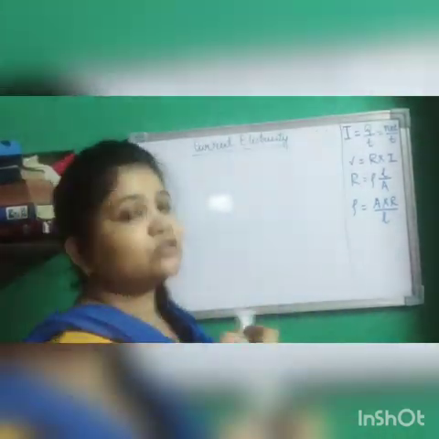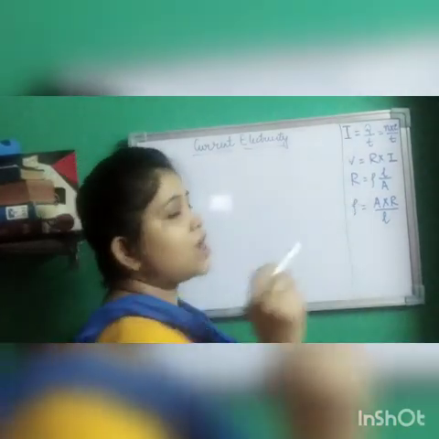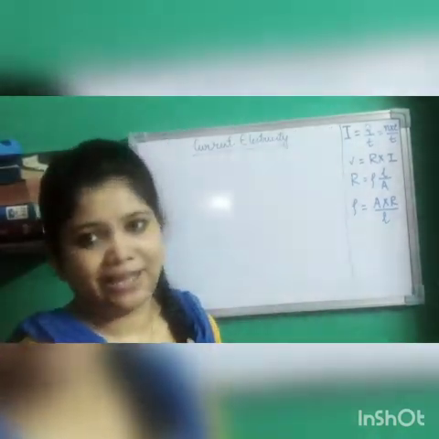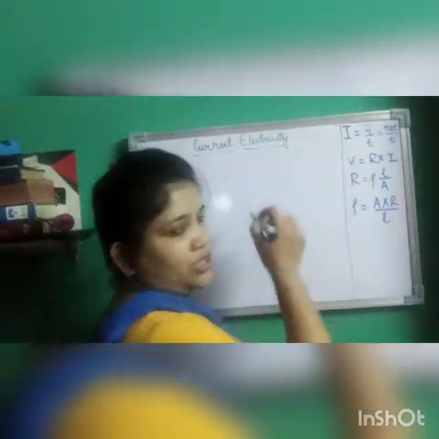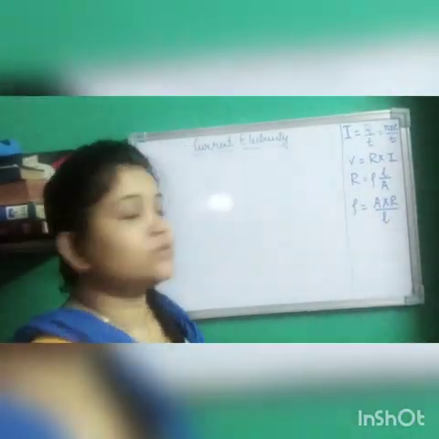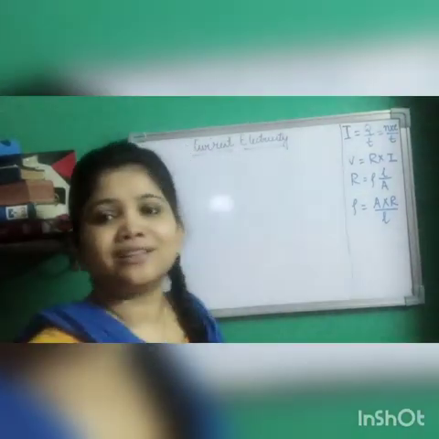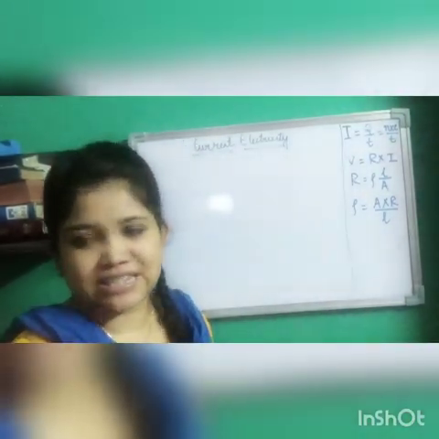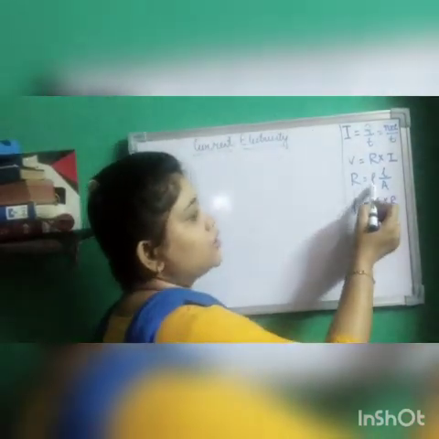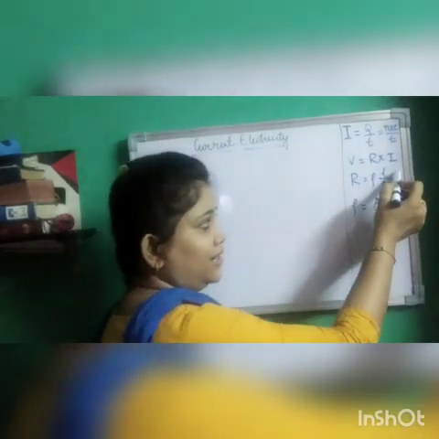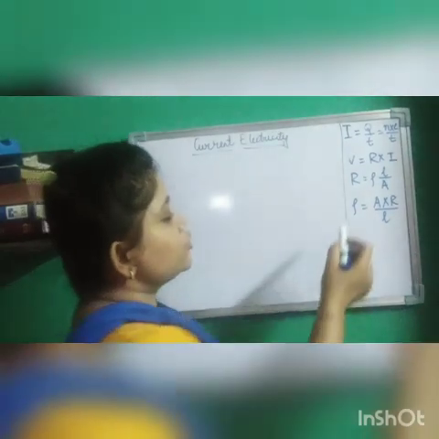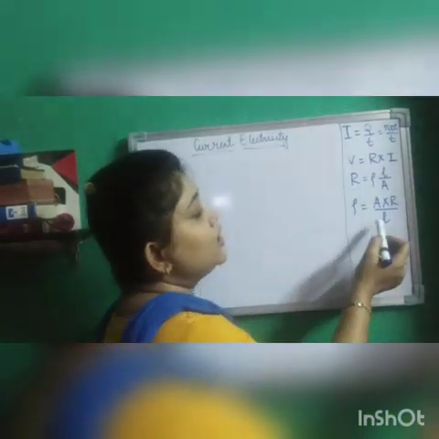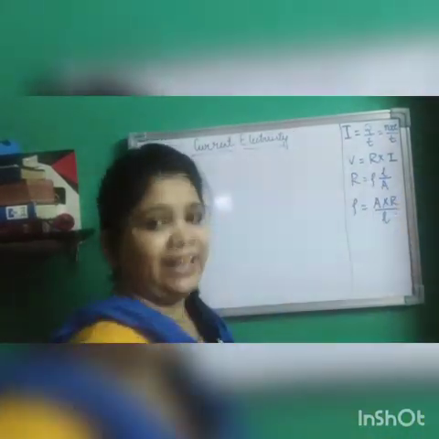I had combined those two factors and we got R directly proportional to L by A, means length by area. To remove that proportionality sign, we put an equal to and a rho, which is the specific resistance. So R is equal to rho L by A, where L is the length, A is the area and rho is the specific resistance. So specific resistance from this formula becomes A into R by L.